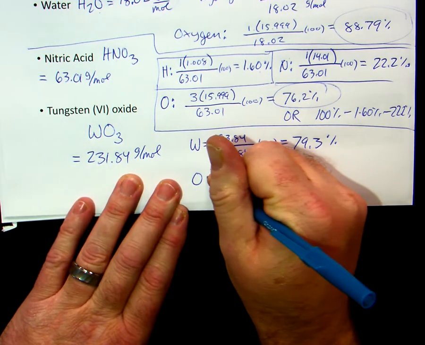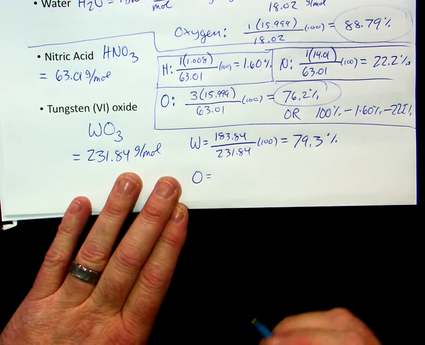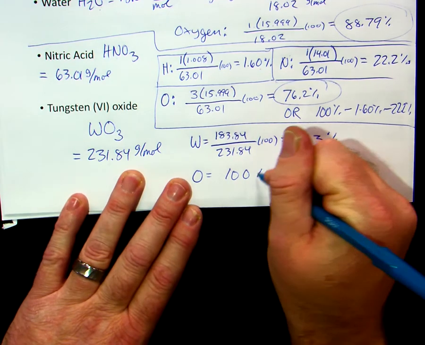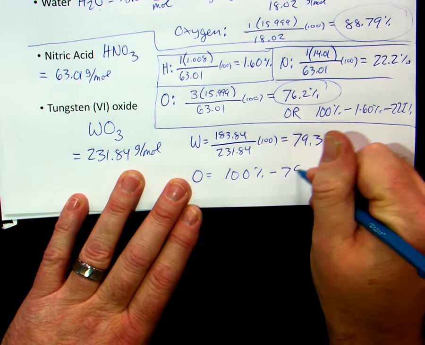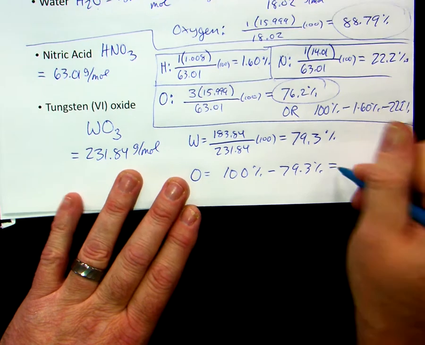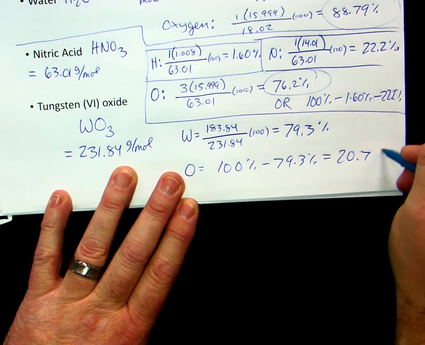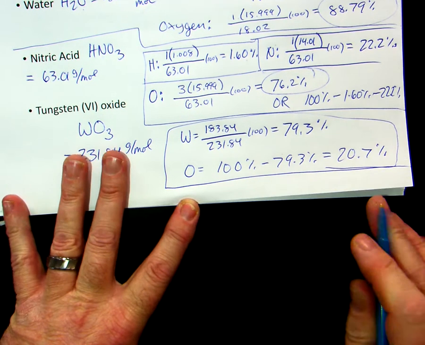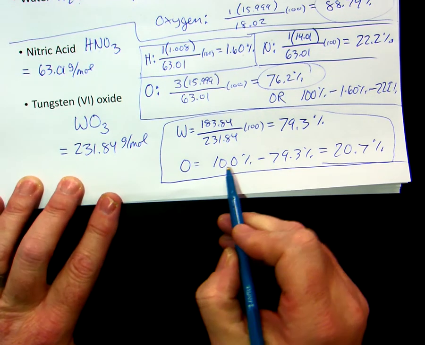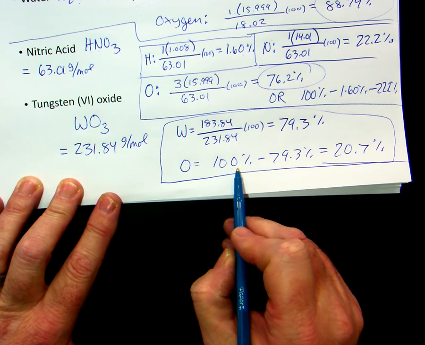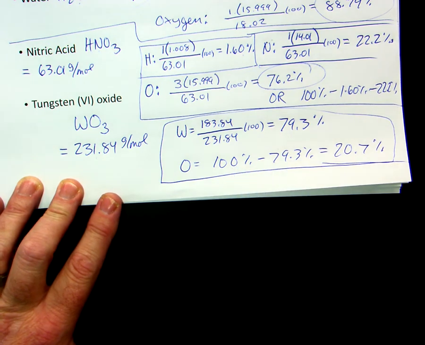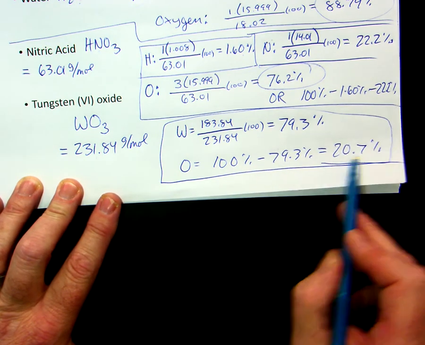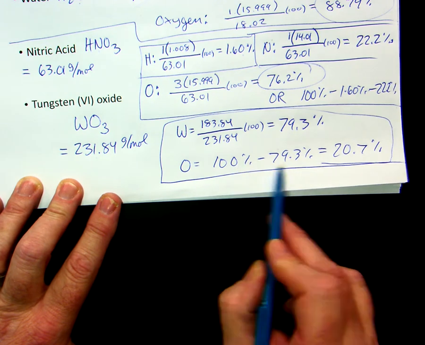For the oxygen, this time, I'm just going to say it would equal 100% minus 79.3%, which would equal 20.7%. And before you get all crazy about sig figs, when I say 100%, I can mean it as 100.00000%. So don't worry about the decimal place past that after I subtracted.